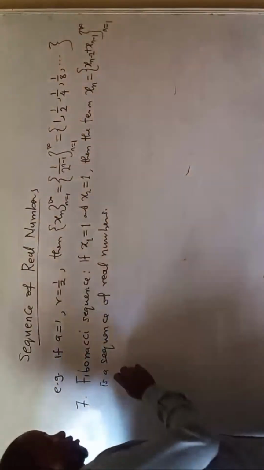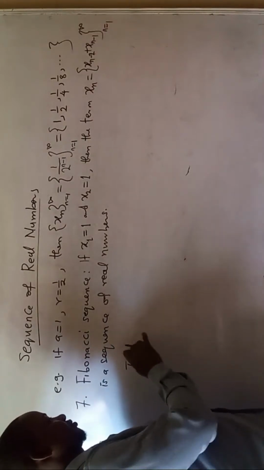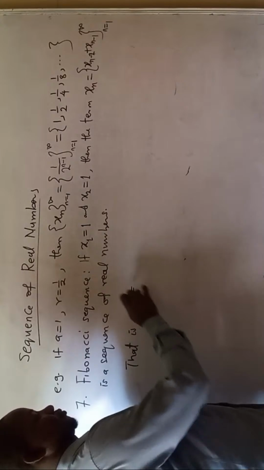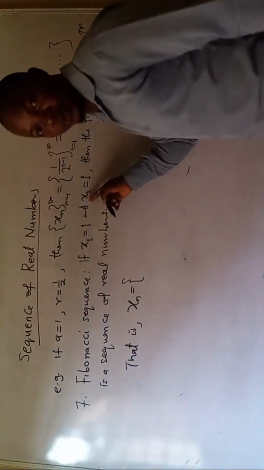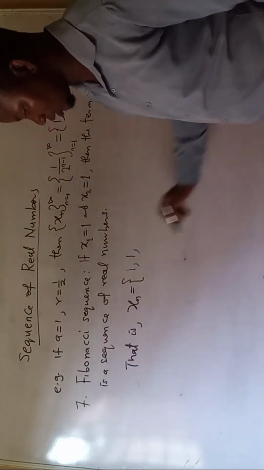So let's see some of the items in the sequence. According to the information we have here, the first term is 1, the second term is also 1.